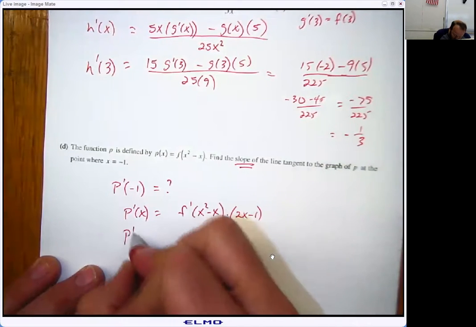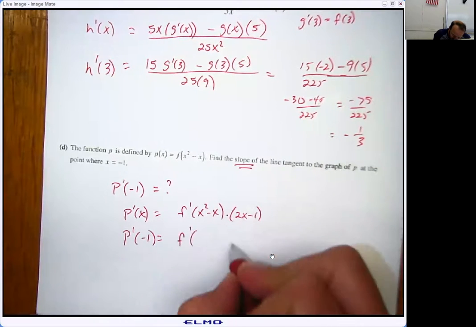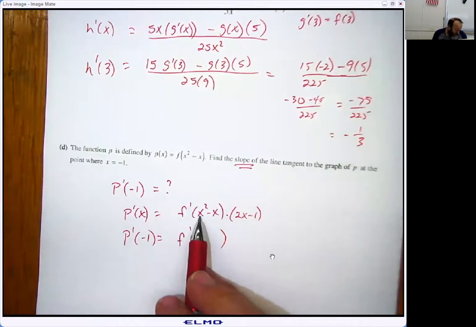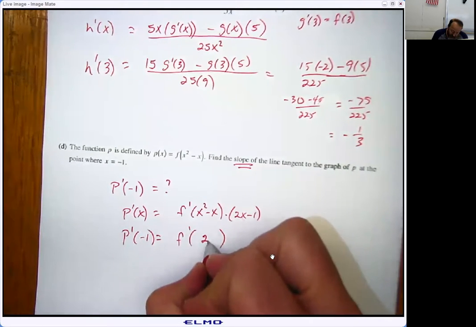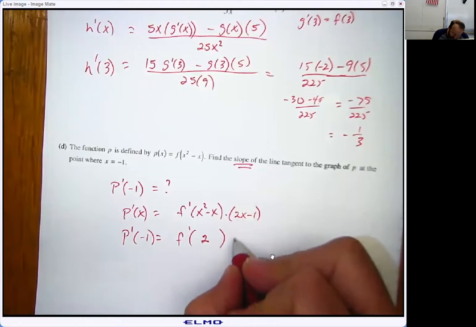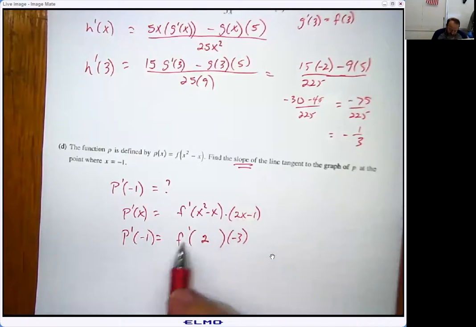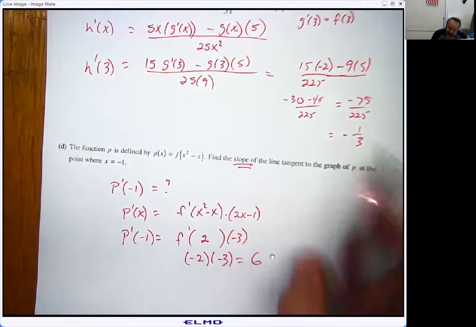If I plug in -1 here, I would get 1 minus -1, which is 2. And if I plug in -1 right here, I get, I believe, -3. And f prime of 2, as we mentioned earlier, comes from the slope of that value, which is -2, times -3 for a total answer of 6.